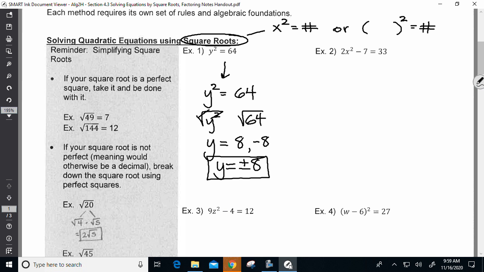Since some of your quizzes and tests are computerized, on a computer, the easiest way to represent plus or minus is to put plus, slash, minus, and then the number 8. That's pretty much how you would put it in if it's on a computer.